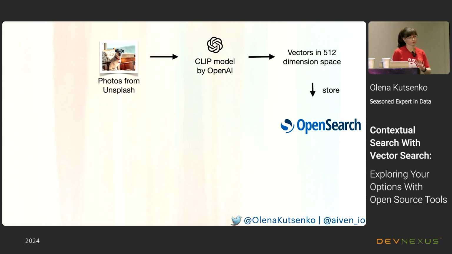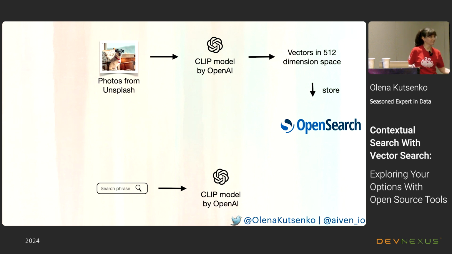I really love OpenSearch for so many reasons, but it is also really good at working with vectors. Then, from the point of view of the search string, our users type something like, I would like to see a hot cup of coffee or a cat playing in the snow. We create a single vector, compare it to everything we have in OpenSearch, and bingo, we have some images.